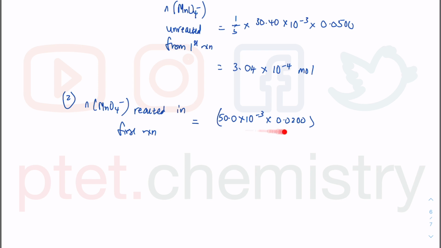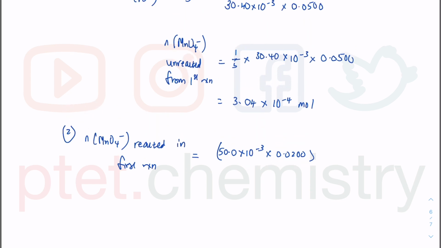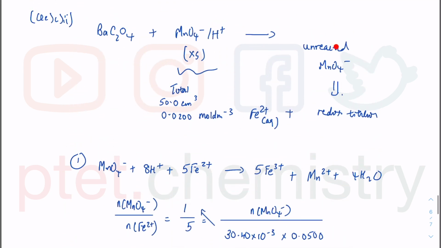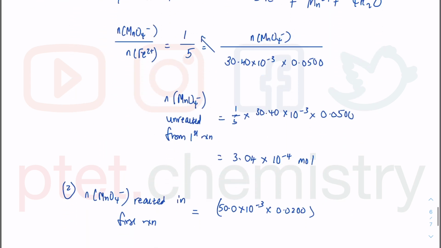This is how much I put in based on the question. How much MnO4 minus reacted in the first reaction is going to be this total minus how much remained. How much remained at the end of the reaction was what I found in my second titration.